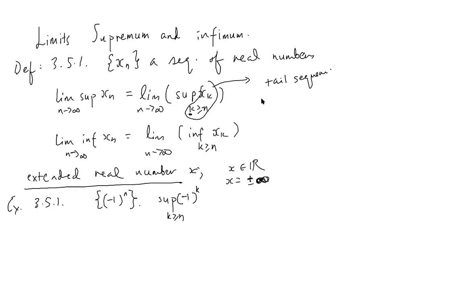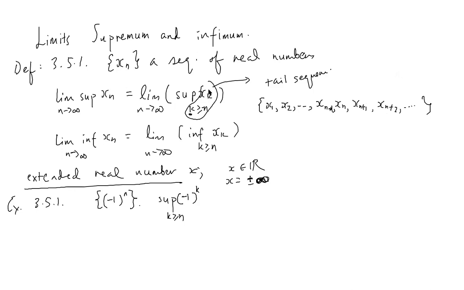So if you have some sequence like x1, x2, up to xn, maybe xn minus 1, xn plus 1, xn plus 2, and so on.